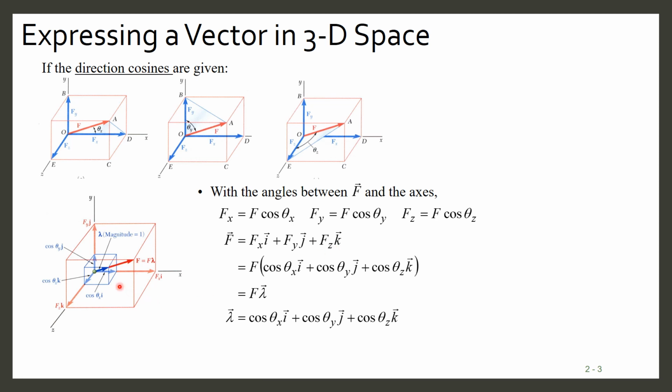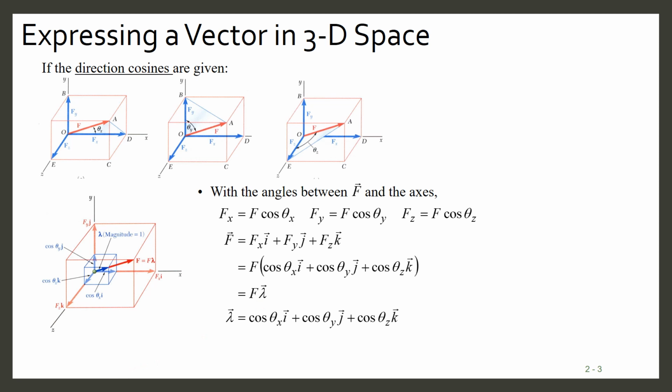Here i is the unit vector in the x direction, j is the unit vector in the y direction, and k is the unit vector in the z direction. Now we can replace Fx, Fy and Fz by these three expressions, and take F common. Then vector F will be equal to F times (cos theta x i plus cos theta y j plus cos theta z k). This is also written as lambda.